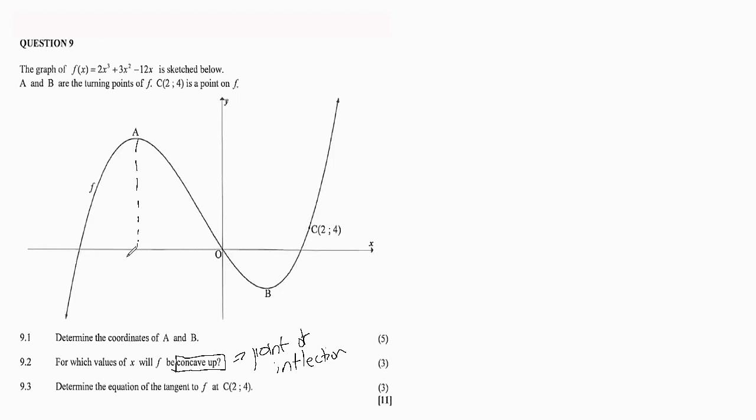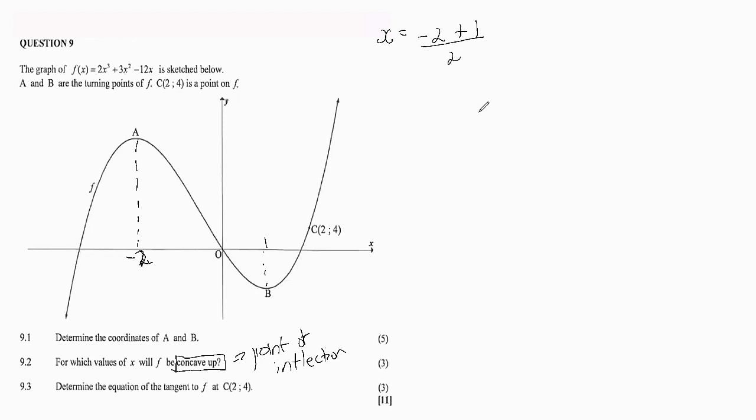Already now you have the x coordinates of the turning points, which you had -2 here, and then here you had +1. We said that by just calculating the midpoint of these x coordinates, calculating the axis of symmetry here, you can actually find your point of inflection. So you can just go x is equal to -2 plus 1, divided by 2.